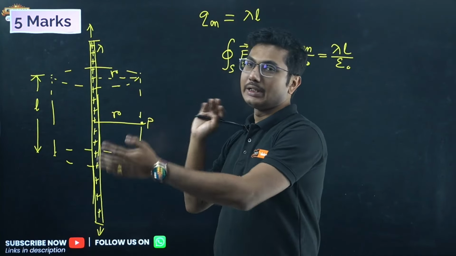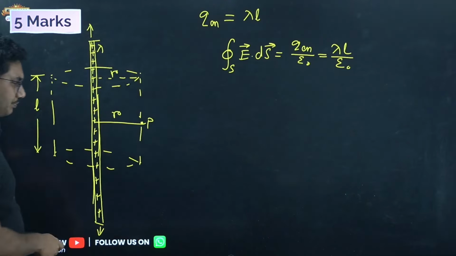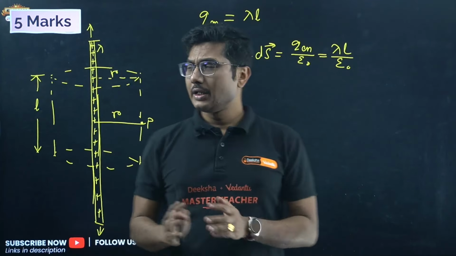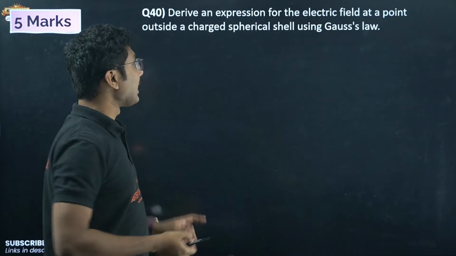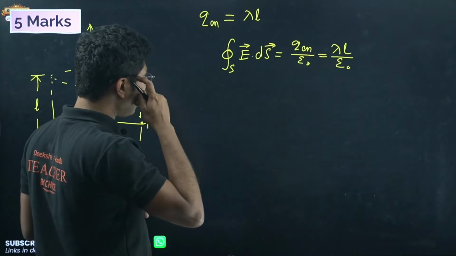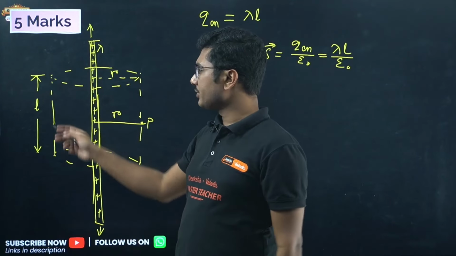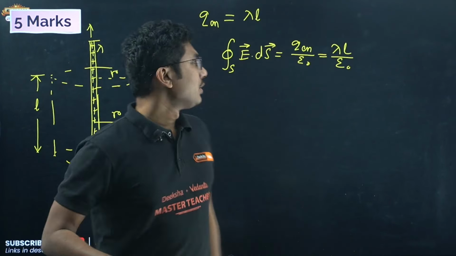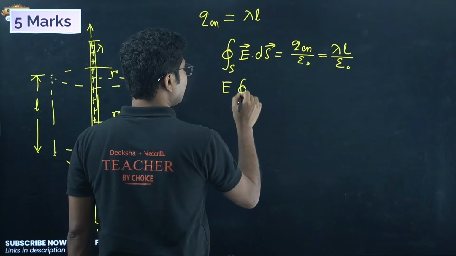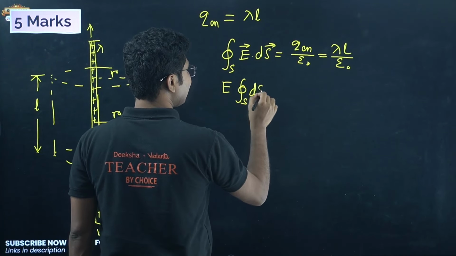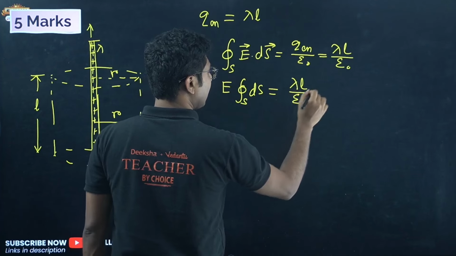You can rotate the cylinder along its axis, and it will not change anything. That means, because of symmetry, the electric field is constant in magnitude on the surface of this cylinder. So we can write E into closed integral ds equals lambda L by epsilon naught.